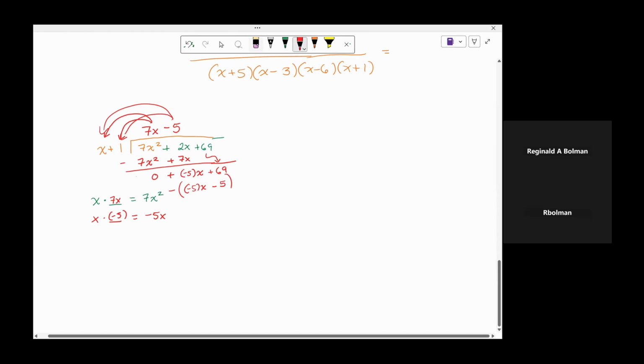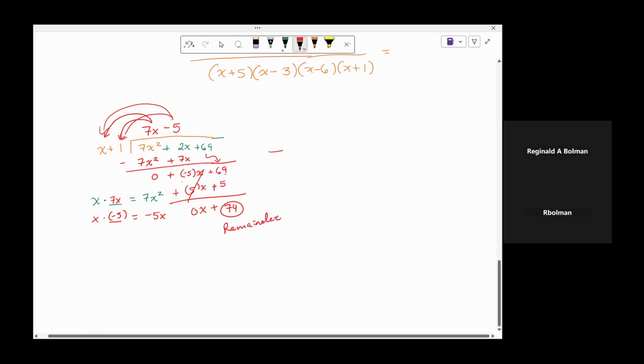Subtraction causes the signs to change, so your negative 5x becomes a positive 5x, and your negative 5 becomes a positive 5. When you add everything together, your x terms cancel out, but you are unfortunately left with some remaining digits. In this instance, you have 69 plus 5, which gives you 74, which would be your remainder.